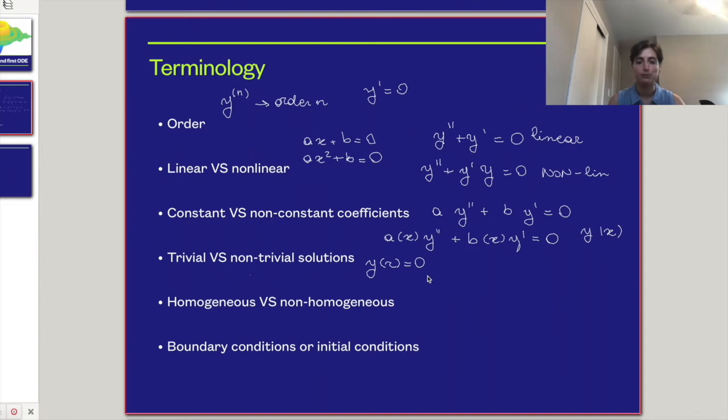To say that it's equal to 0 everywhere, we sometimes put a third bar on the equal sign. This really means that no matter the value of x, y is equal to 0 everywhere. And this is the trivial solution.